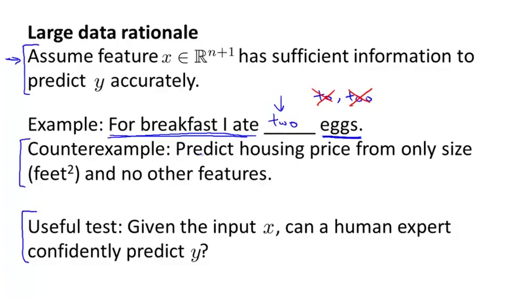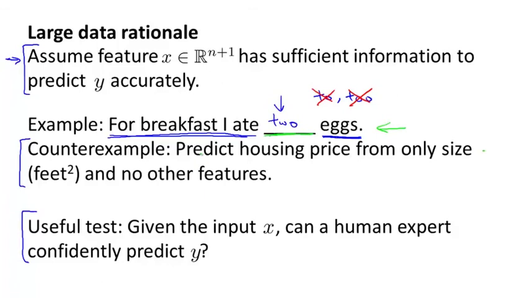For this first example, if we go to an expert human English speaker, someone that speaks English well, most people like you and me would probably be able to predict what words should go in here. So a good English speaker can predict this well, and this gives me confidence that X allows us to predict Y accurately.